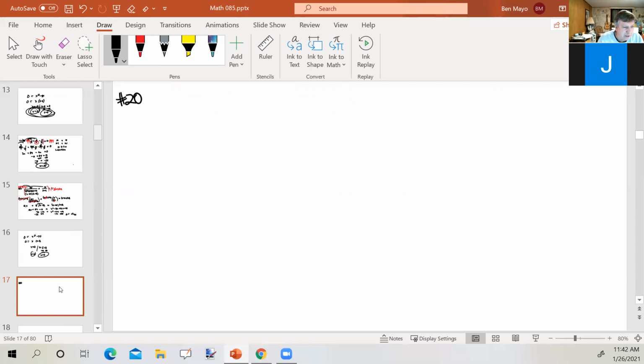Solve the formula for the indicated variable. 7 over a minus 7 over b equals 7, and we are to solve for b.